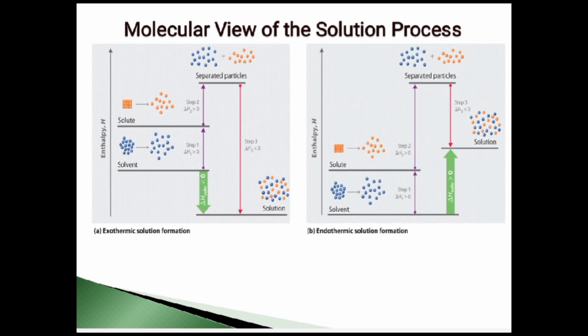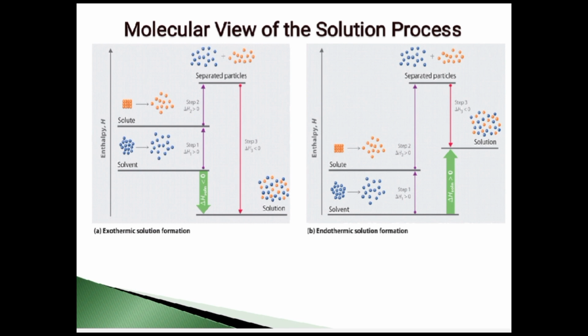But in B, which is the endothermic solution formation, you can observe that solute and solvent molecules are at a lower energy on the enthalpy graph, while when they get separated, they require energy for weakening the intermolecular forces of interaction.